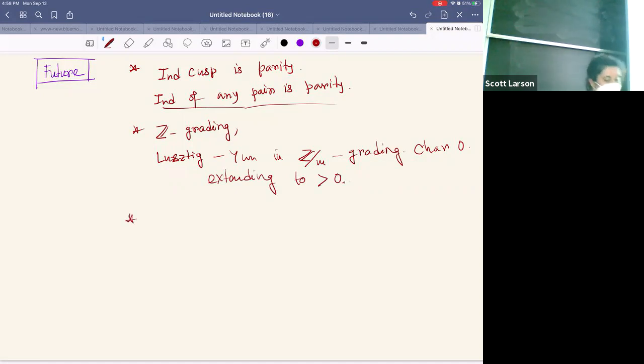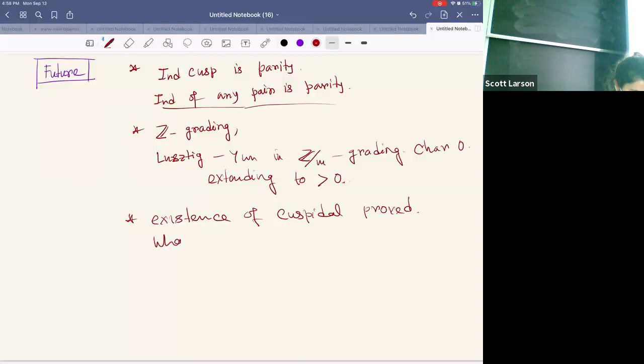The third thing can be: we prove that for any pair there exists a cuspidal. So existence of cuspidal is proved, but I don't know about the uniqueness.